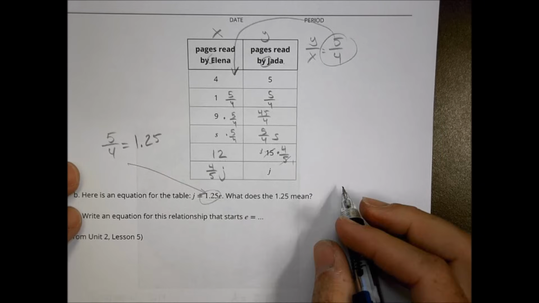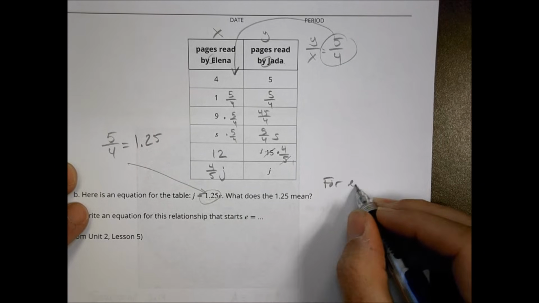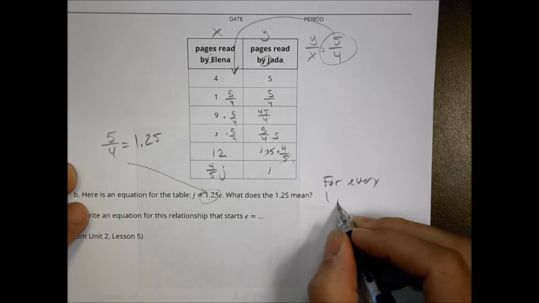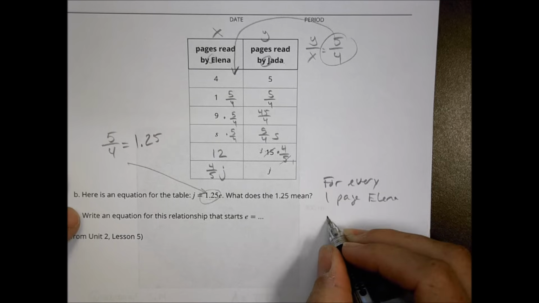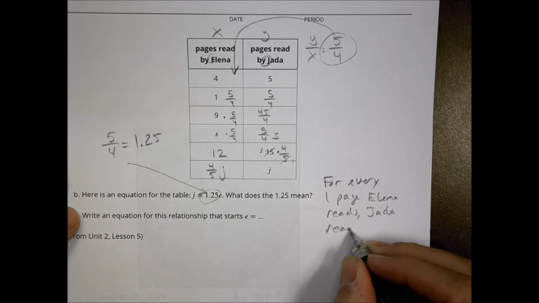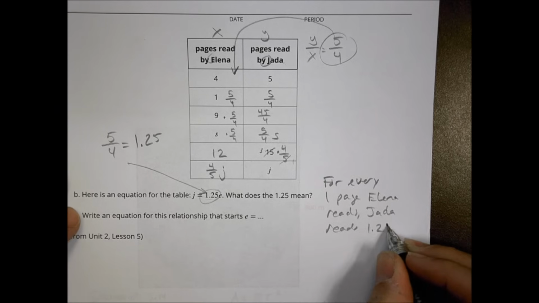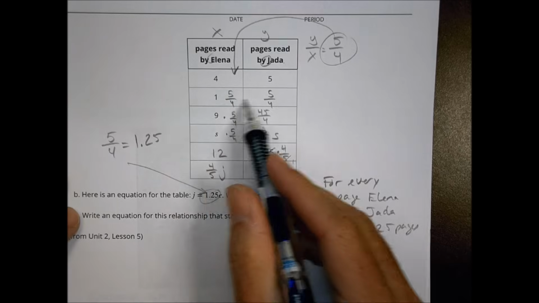That means that for every one page that Elena reads, Jada reads 1.25 pages. So every time Elena reads one page, Jada reads 1.25 pages.